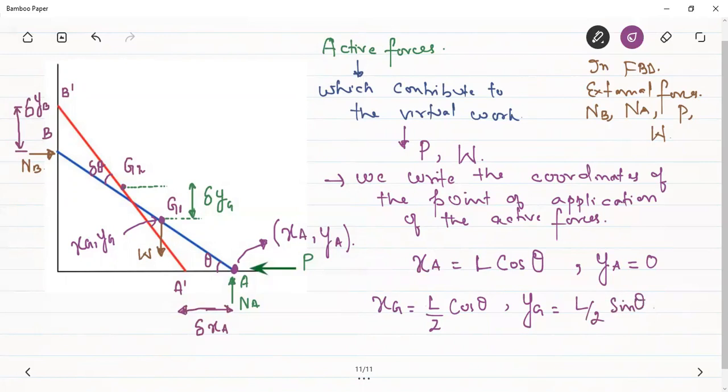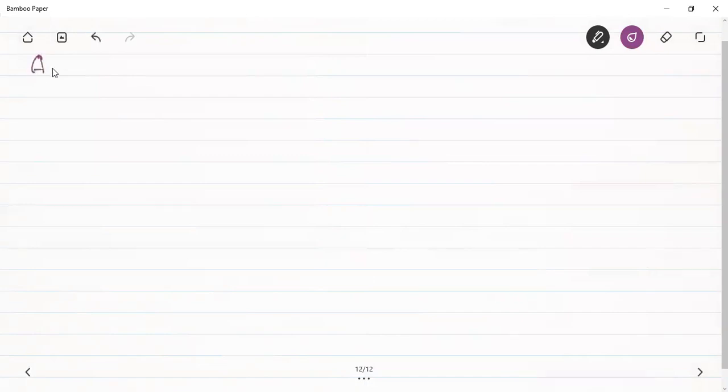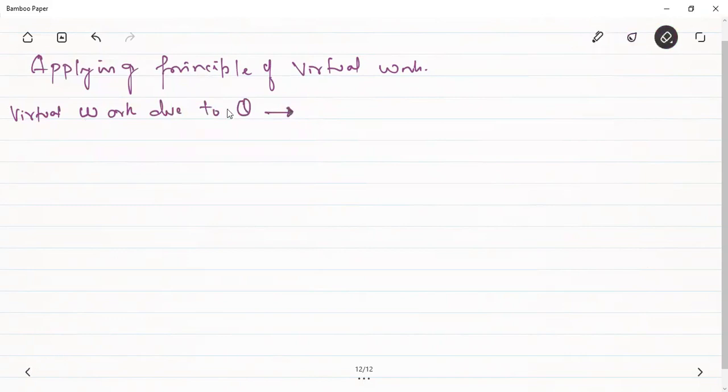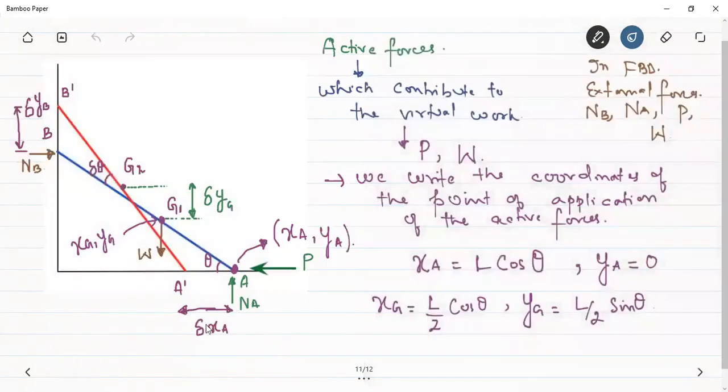Now, from the principle of virtual work, we can see that there will be virtual work due to Q. And the virtual work due to this force P, it is here, will be equal to the force, that is P, times the virtual displacement, that is delta xA.